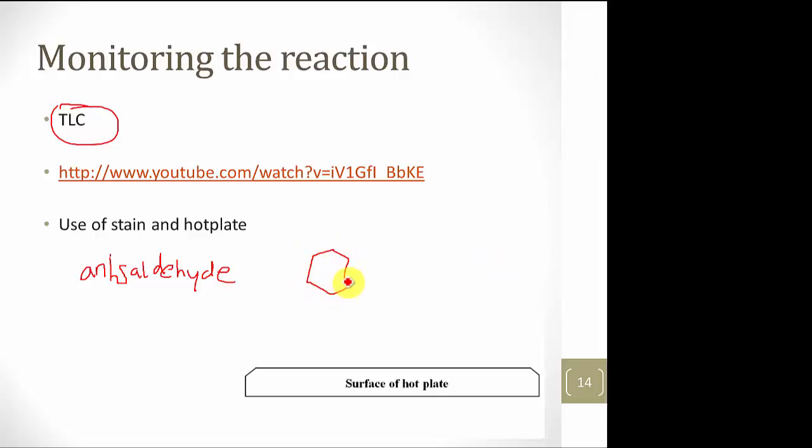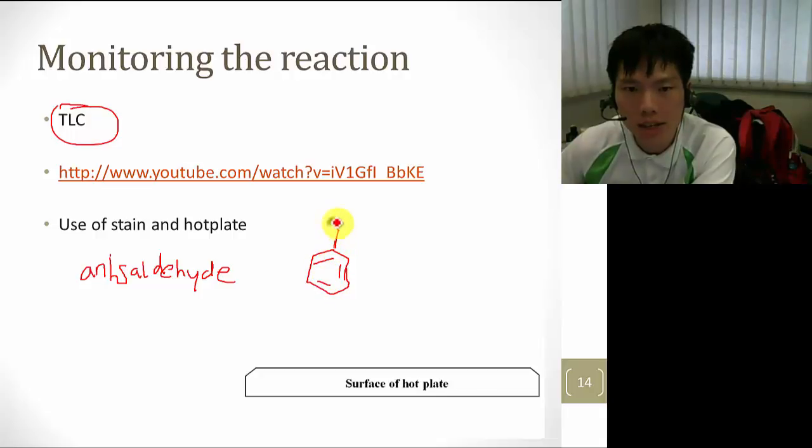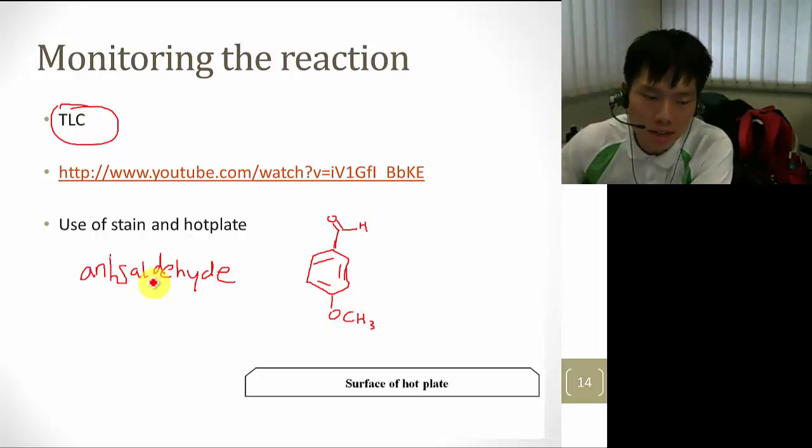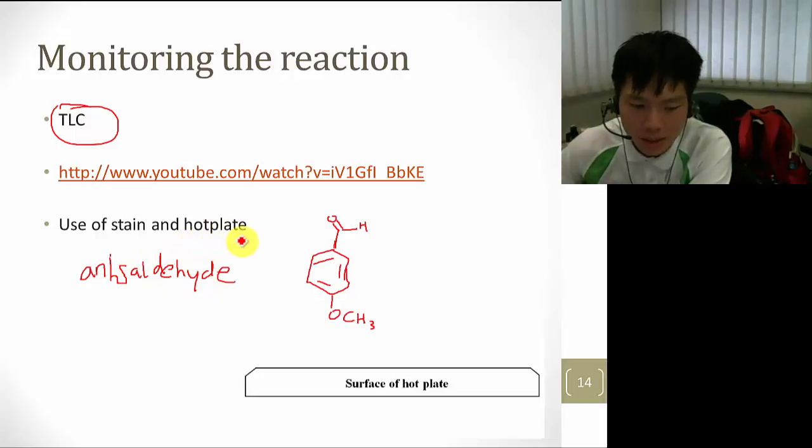Benzene ring, like the name suggests, it is an aldehyde. So this is your carbonyl carbon, aldehyde, and methoxy group. Now this stain was prepared for you by the lab officers, so thank them for it when you go to the lab.